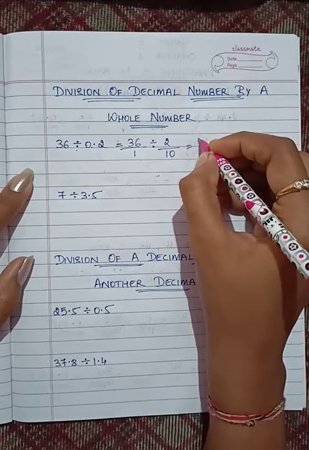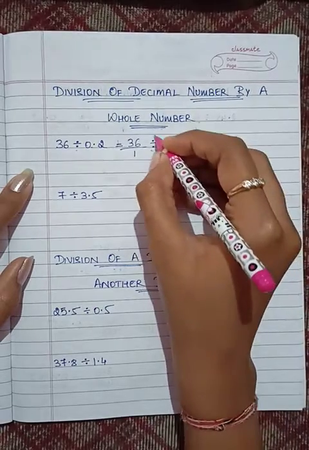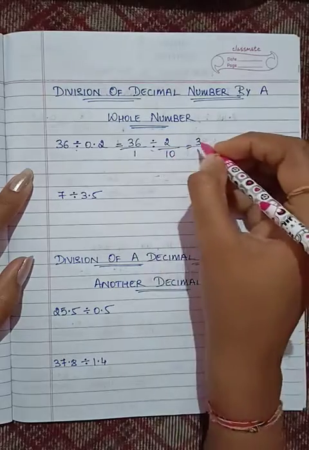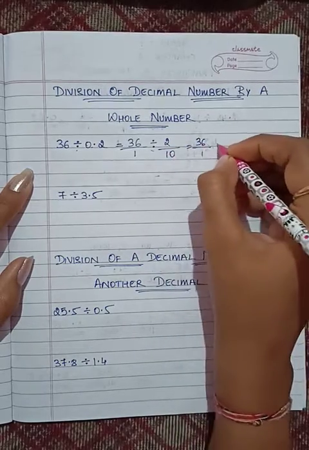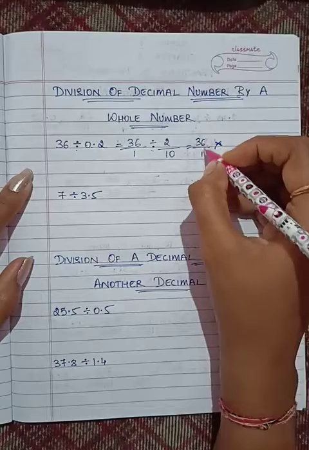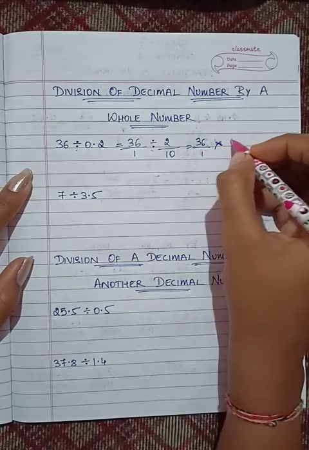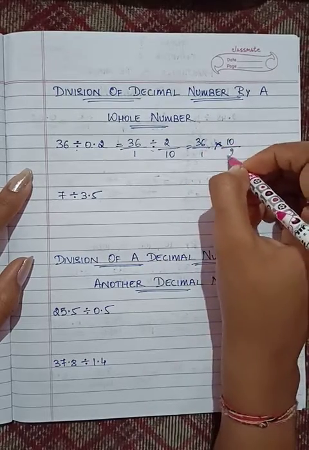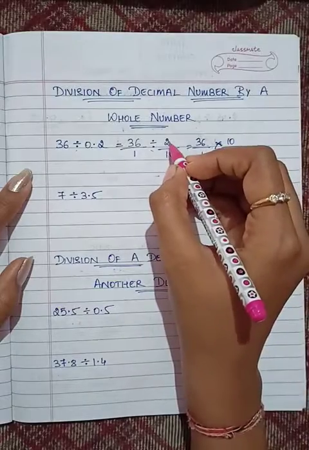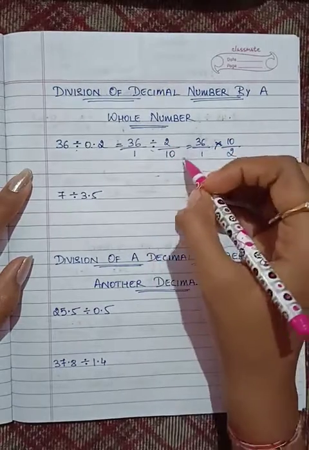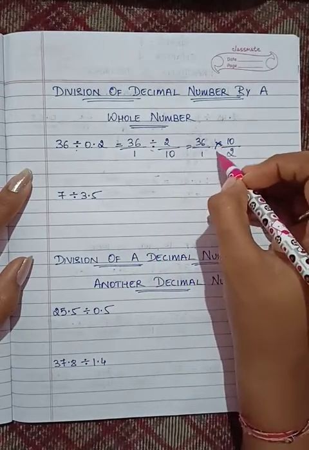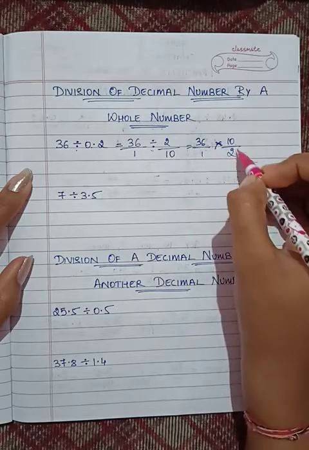Now again I need to convert this division symbol into multiplication. So how do I do that? 36 by 1 multiplied by reciprocal of the next fraction. So it was 2 by 10. If I wanted to write as multiplication, I write it as 10 by 2.